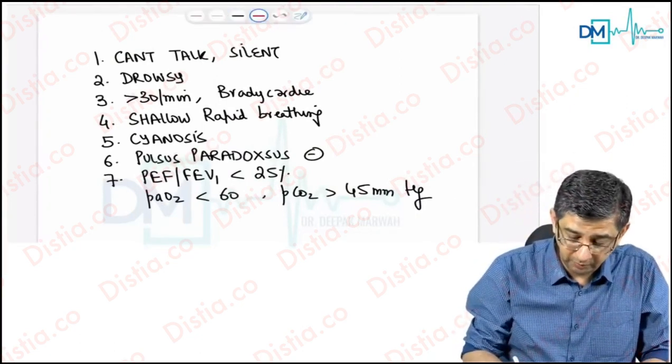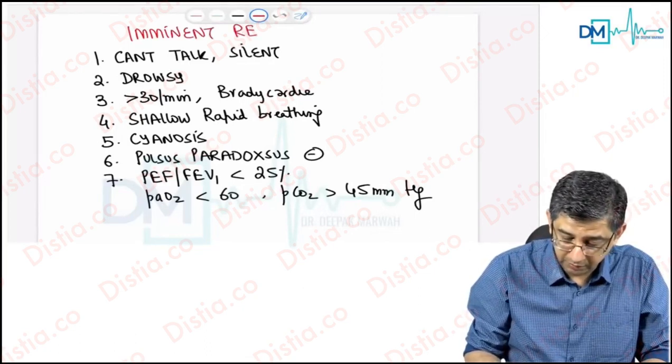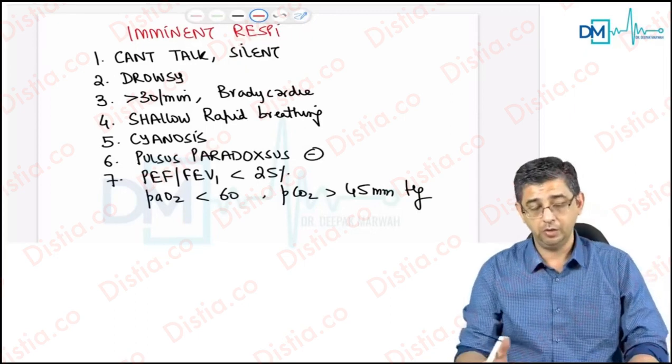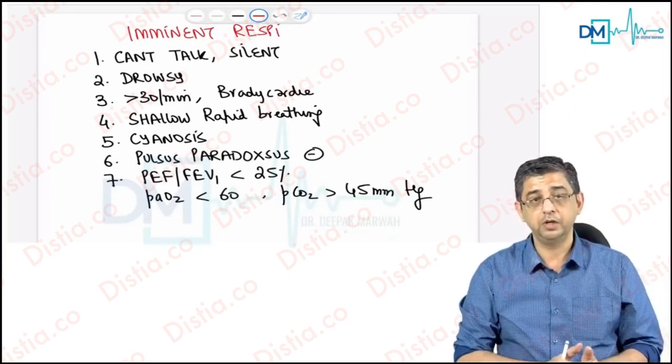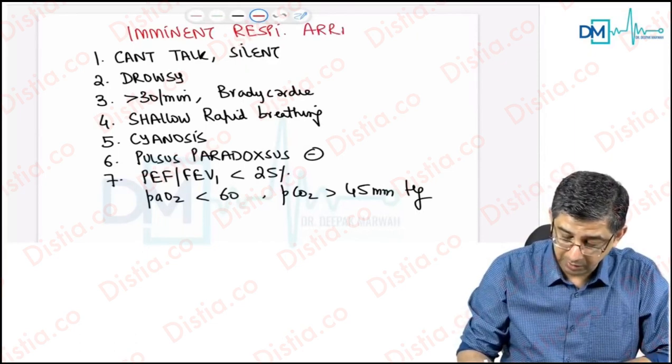This presentation that I made before you is called imminent respiratory arrest. So, I have divided the discussion of asthma into three parts. I have talked about acute asthma, severe acute asthma, and now I'm talking about imminent respiratory arrest in a patient.